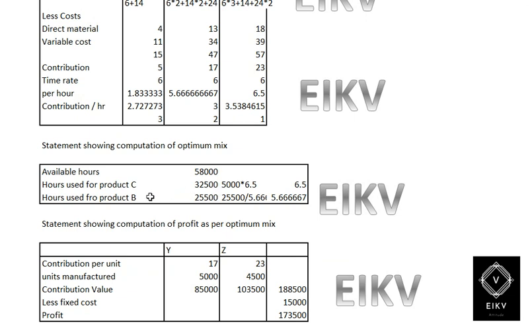So hours used for product B will be the remaining hours, 58,000 minus 32,500, that is 25,500, divided by 5.6.